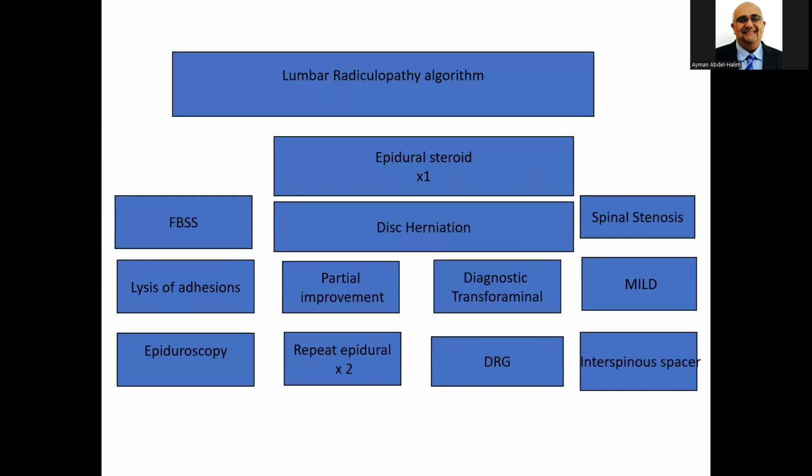Lumbar radiculopathy algorithm. You can start with epidural steroid. The reason we do epidural steroid injections is these patients with herniated discs release a material called phospholipase A2, which attacks the lipid membrane and releases arachidonic acid.